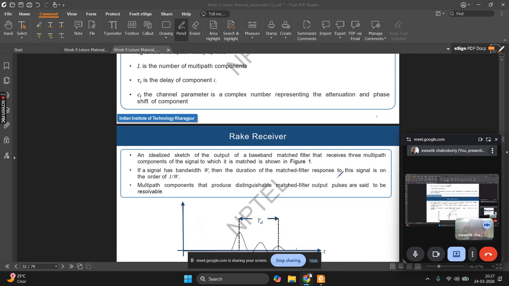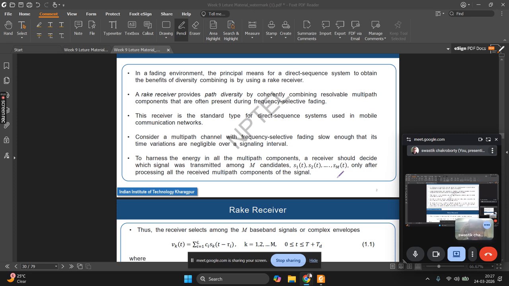So we will look at the rake receiver now. A rake receiver provides path diversity by coherently combining multipath components that are often present.